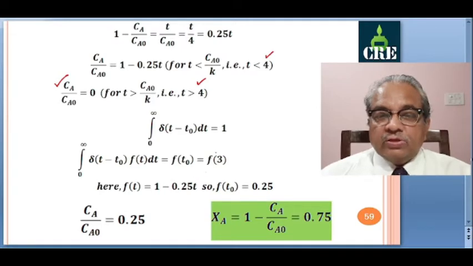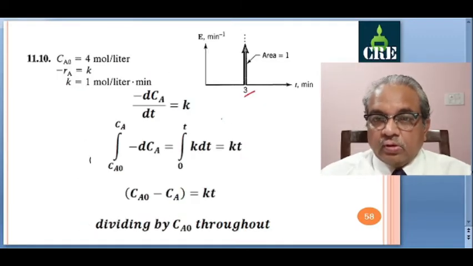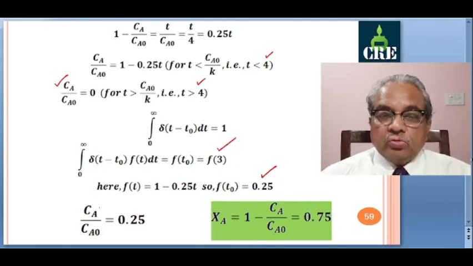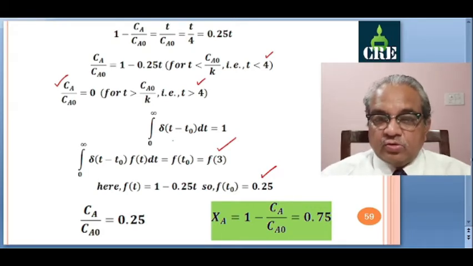That means f of 3, here t0 is given as 3. So 0.25 into 3 is 0.75, 1 minus 0.75 is 0.25. So f of t0 is 0.25, so Ca by Ca0 is 0.25.